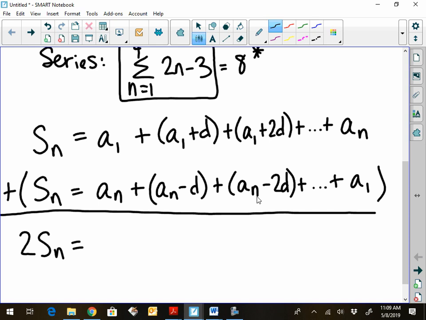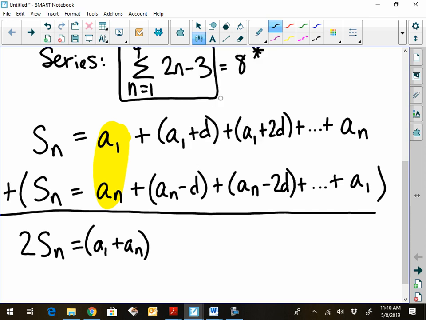And then we would get, if we look at our first 2 terms here, I'm going to switch back and forth. Our first 2 terms, if we add those, we would get a sub 1 plus a sub n.